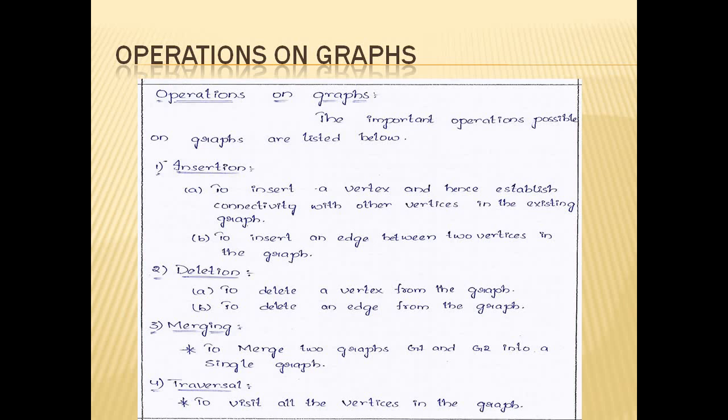Deletion is nothing but deleting one vertex and deleting the edge also. Merging, so we need to merge two graphs. Traversal means visiting all the vertices in the given graph. For traversing, we have two types of methods and we will discuss that later on.